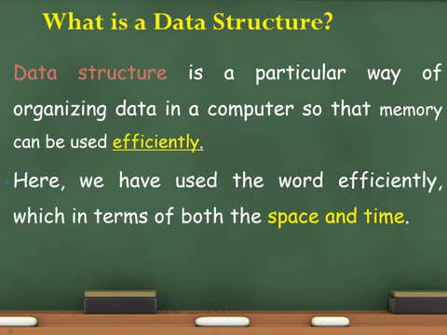So when a memory space is small, we need to organize the data in such a way that we can occupy maximum space in the memory. And also that while retrieving the data from the memory, we need to retrieve it very fast. So efficiency means in terms of both memory space and time.